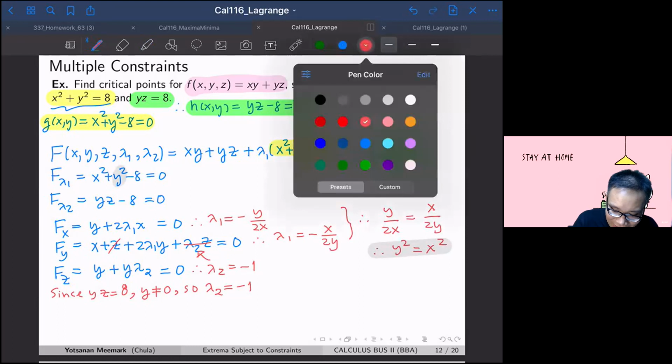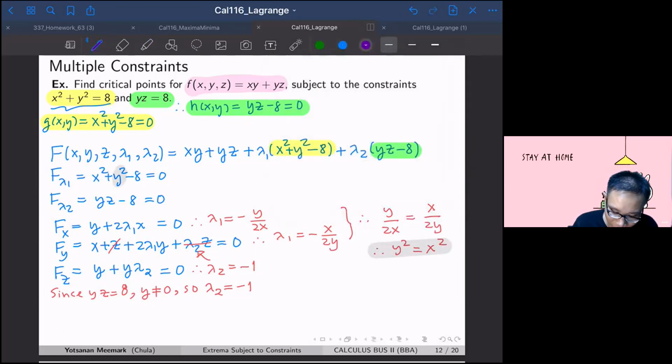Let me use another color. So you have y squared equal to x squared, so you have x squared plus x squared equal to 8. So you get x squared equal to 4. This would lead you to x equal to plus or minus 2.